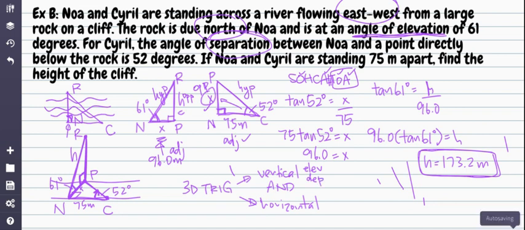Things that tell you it's horizontal is like the cardinal directions, right? North, south, east, west. Is that what they are? Never eat shredded wheat, right? Sometimes we'll talk about bearing or an angle of separation. Okay, that tells you that you've got a 3D diagram.